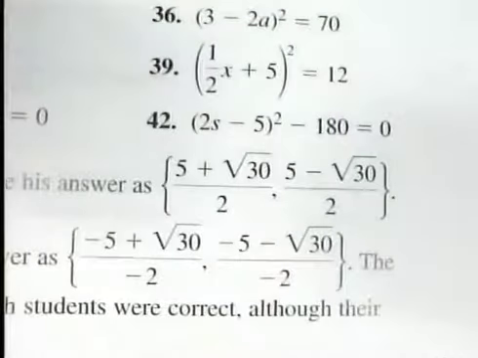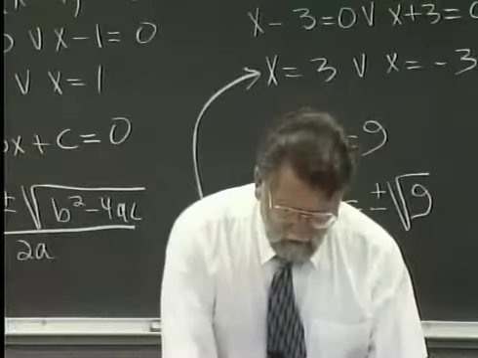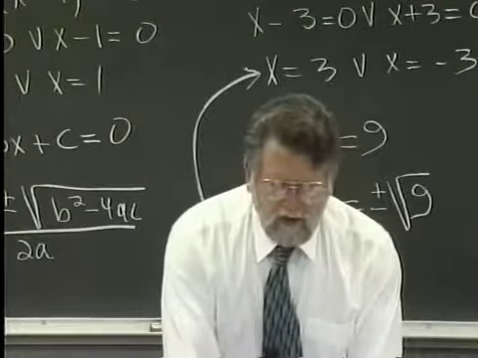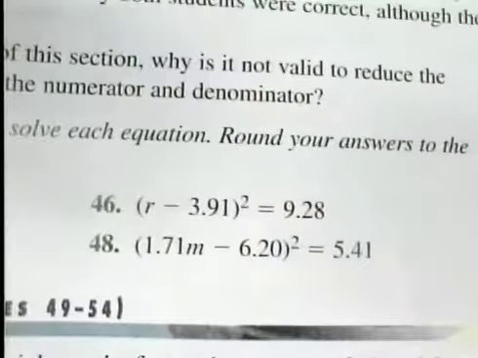Those numbers in the same way could be simplified with a square root symbol, and that indeed is what you're asked to do in problems such as 46 and 48, where it's assumed you've done what? You've taken the square root in the right side and you have a particular value.